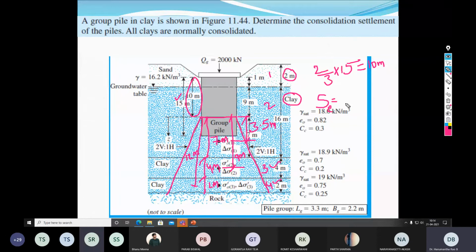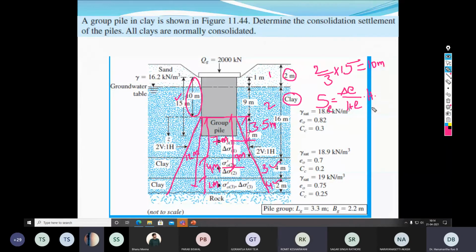Sir, it is delta e divided by 1 plus e into H. Okay. Any other alternative? This is correct only.